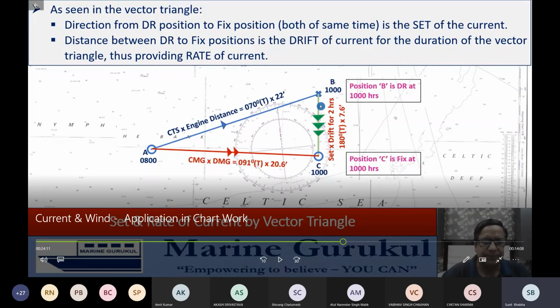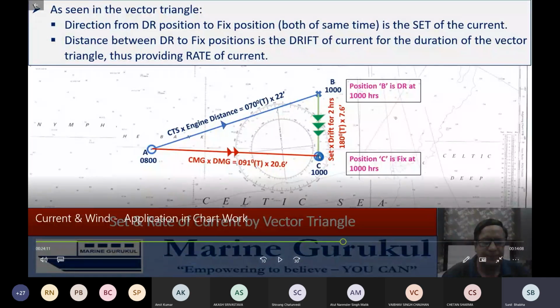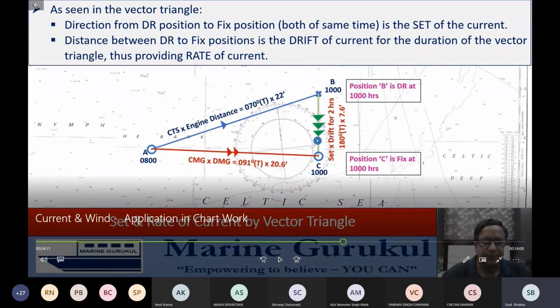So this vector from the DR toward the fix is our current vector. This tells us the direction, the set of the current, and the magnitude or the length of this vector as measured from the chart gives us the drift of the current for the required period.